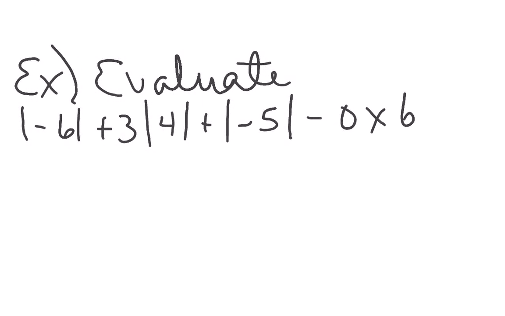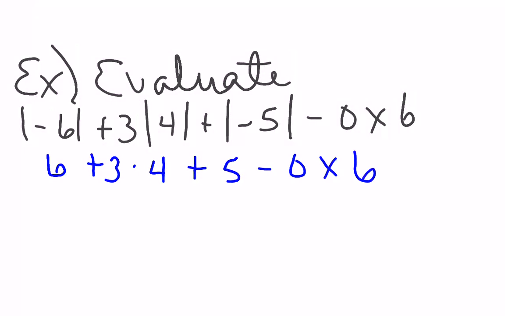All right, seems like a complicated problem, but again, one piece at a time. So let's go ahead and evaluate those absolute values. So the absolute value of negative 6 is 6, 6 spaces from 0. Absolute value of 4 is 4. Absolute value of negative 5 is 5. And the rest stays.